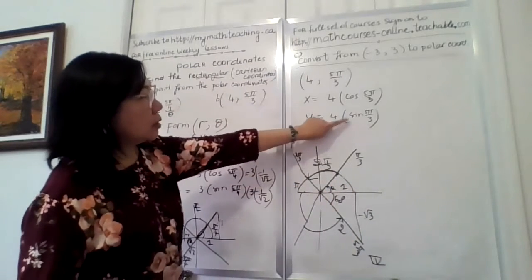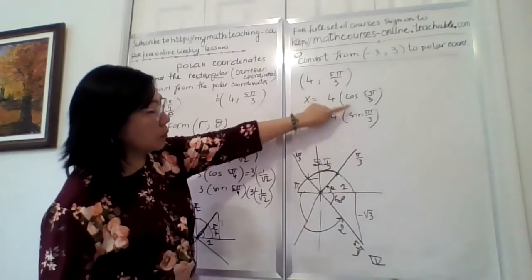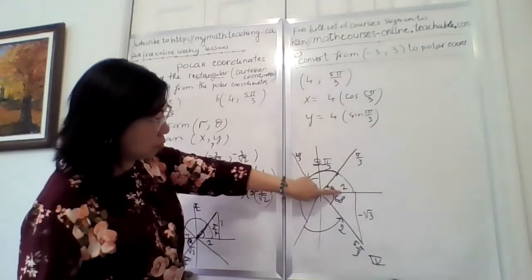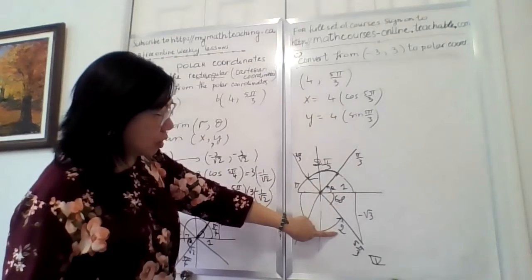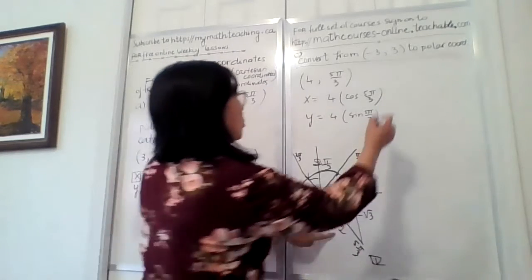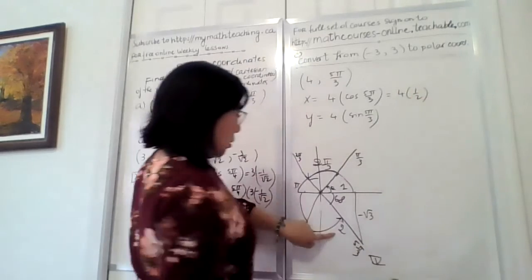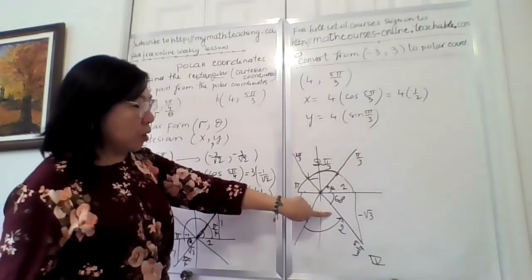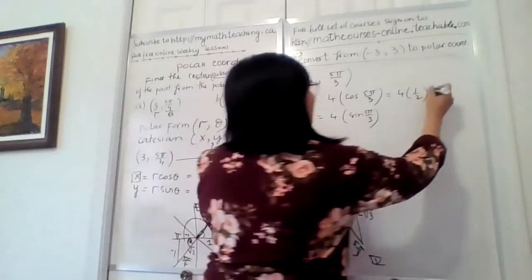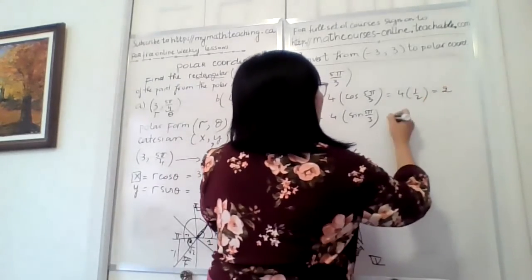So the cos of 5 pi over 3 is 1 over 2. So x equals 4 times 1 over 2, and the radius is always positive, and that turned out to be 2.